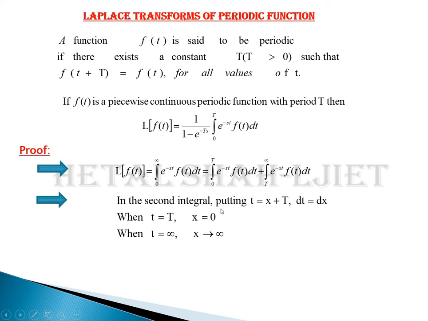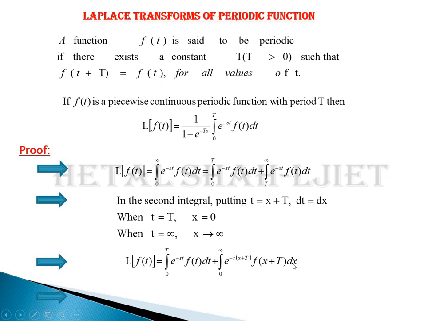So our limits will be 0 to infinity for x, and now substitute this value in the second integral. Your second integral will be 0 to infinity e raised to minus s, and in the place of small t, you have to keep x plus T, and f of x plus T, and dt is equal to dx.